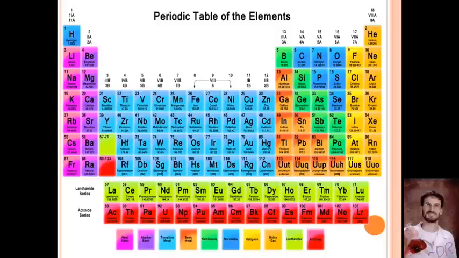And the last one here: how many neutrons does a sulfur atom have? If we know the total number of protons and neutrons is 32, and 16 of them are protons, 32 minus 16 tells us there would be 16 neutrons.